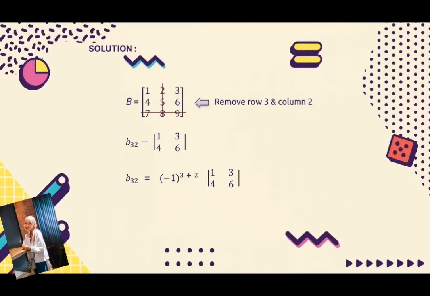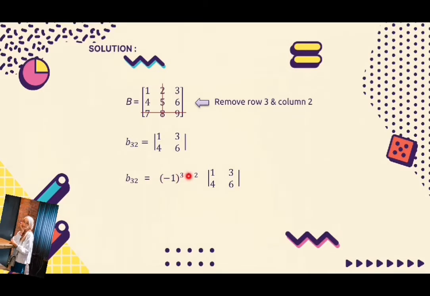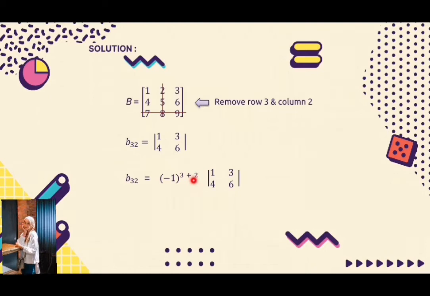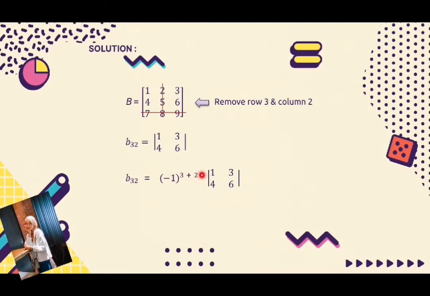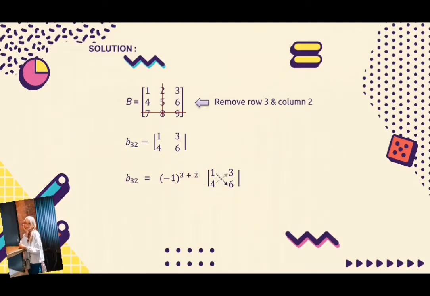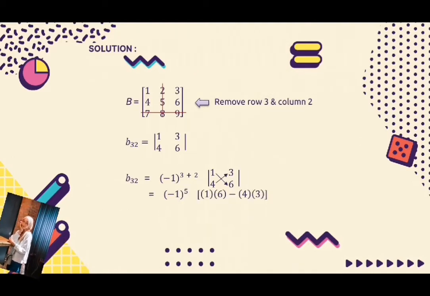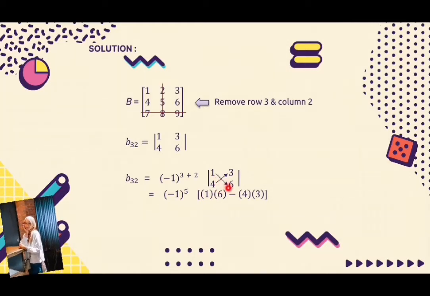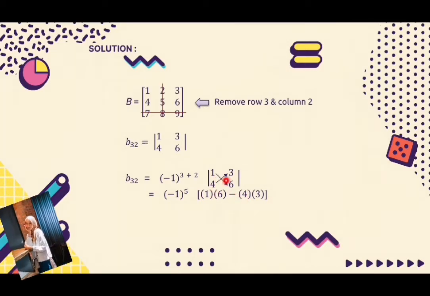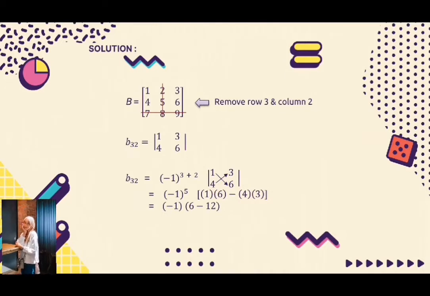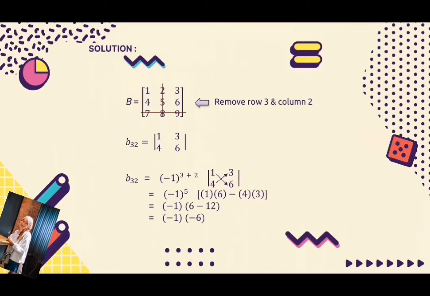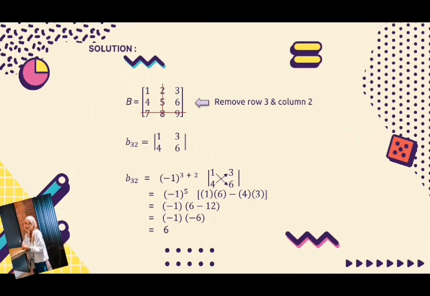By using the formula of cofactor, -1 to the power of i plus j, where i is row 3 plus j column 2, multiplied with minor M3,2, we will get negative 1 to the power of 5, times cross multiply 6 minus 4 multiplied with 3. We will get negative 1 multiplied with negative 6, and the final answer will be 6.